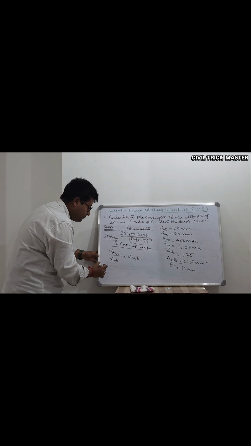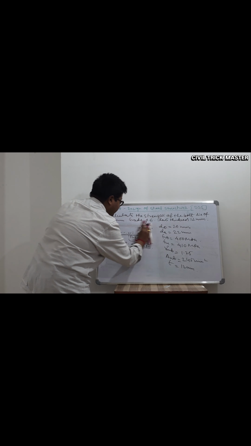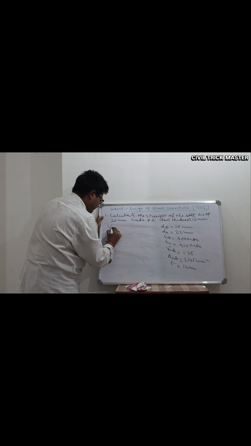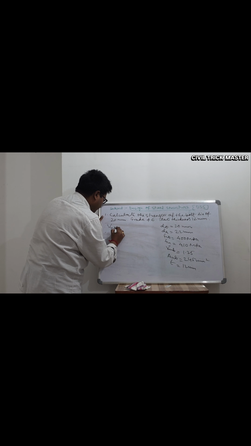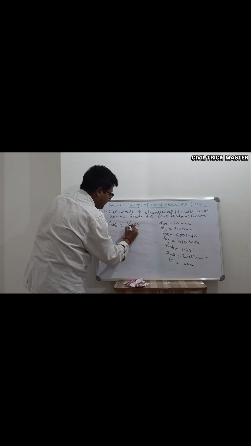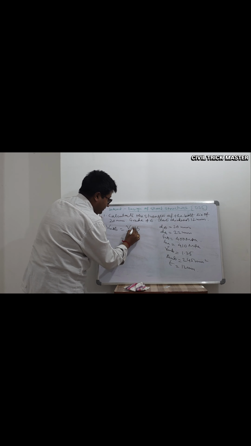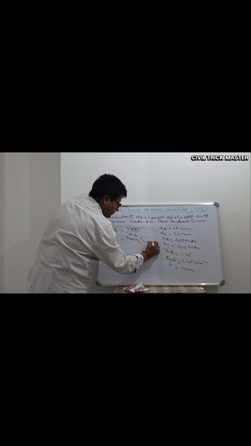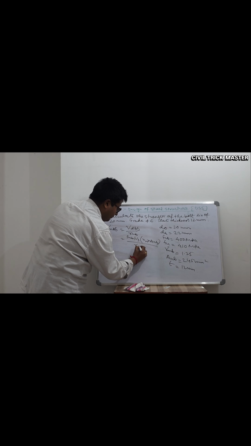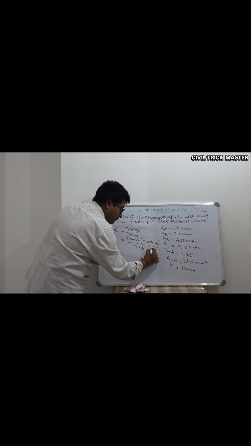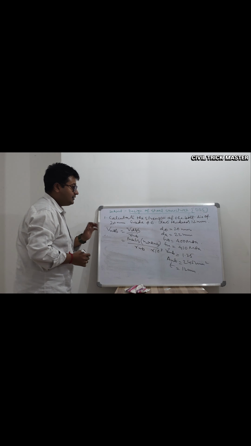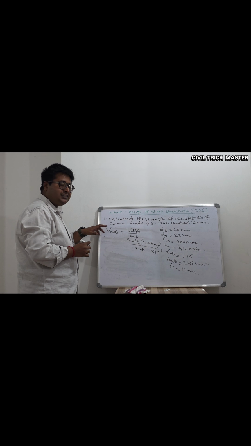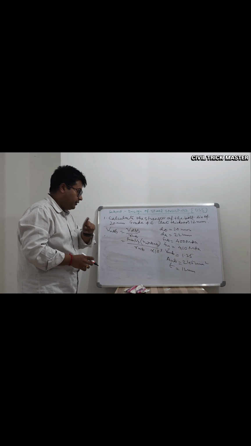What is Vdsb? It is fub by root 3 into nn into Anb by gamma mb. For the calculation purpose, you should remember to multiply by 10 to the power minus 3 to get kilonewton, because we are calculating shear capacity, so the unit should be in kilonewton.